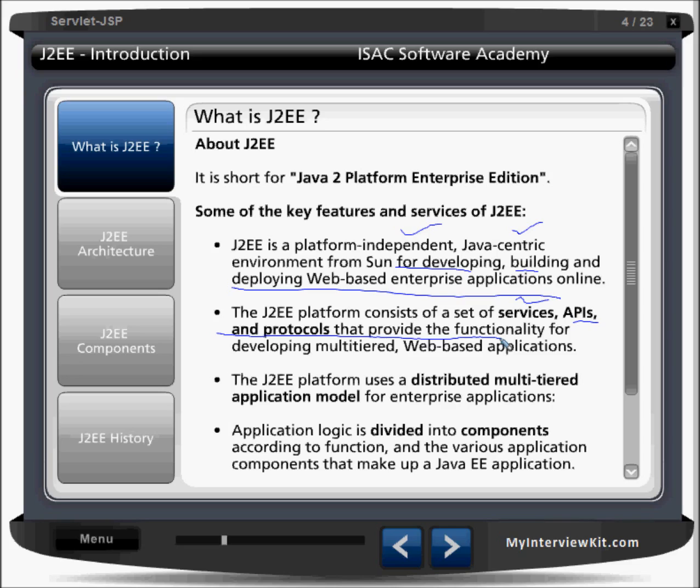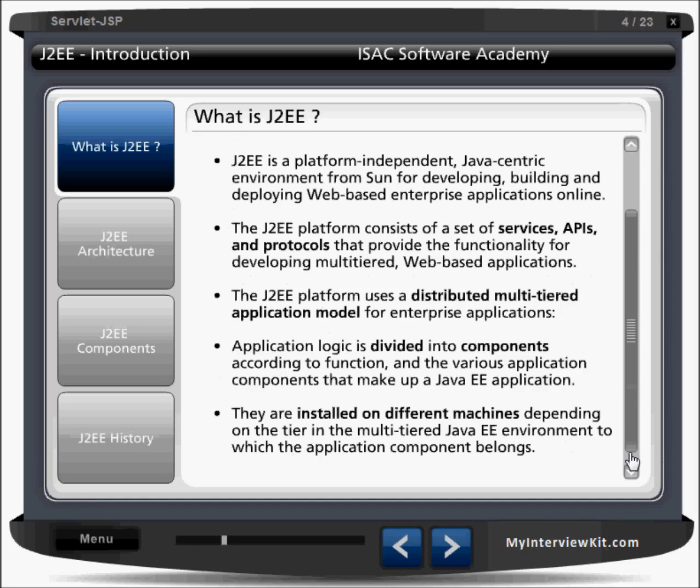So we can develop distributed applications, right? And as we know, J2EE is a multi-tier architecture, with a web tier, business tier, enterprise information tier, integration tier, and client tier. A lot of tiers are there, right?